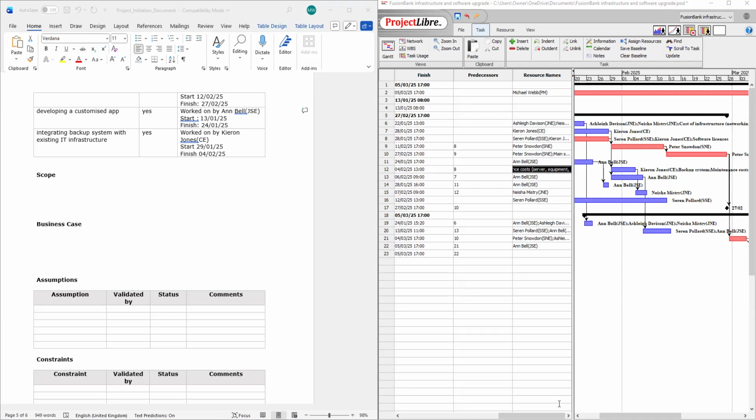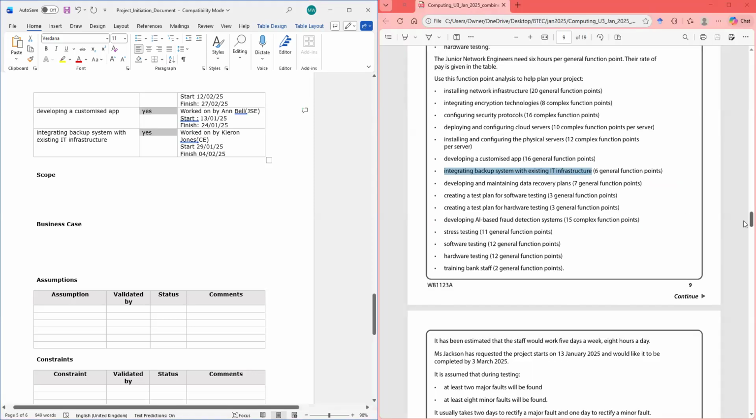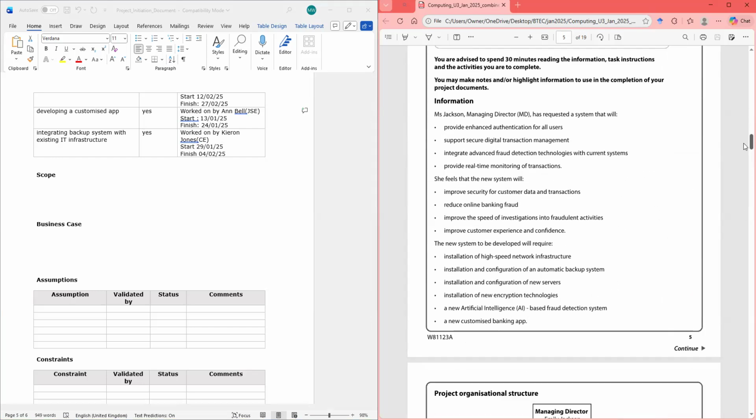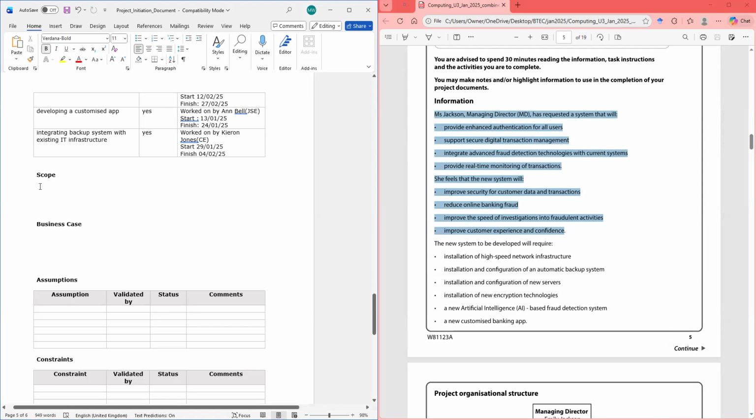So it's all there. All we have to do is look at the top of our set task brief, and when you look at the top of it, it tells you what the scope is. Providing, this is what it's doing. Reducing fraud, that's what it's doing. That's what the scope of the project is. And all you have to do is figure out how to write it.